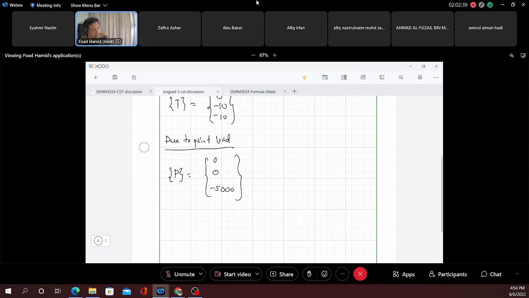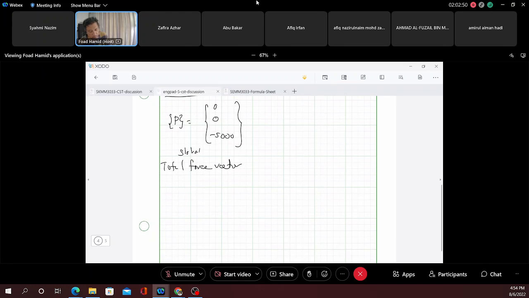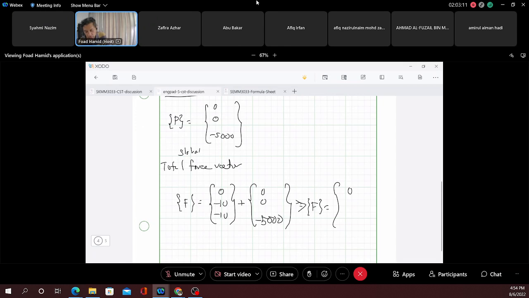So the total global force vector becomes 0, minus 10, minus 10 plus 0, 0, minus 5,000, and it becomes F equal to 0, minus 10, minus 5010.